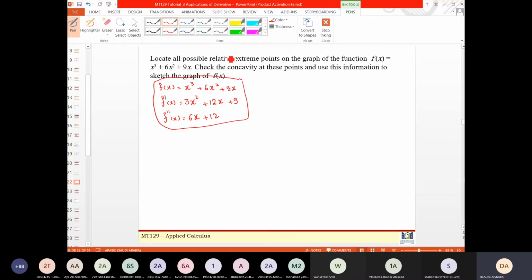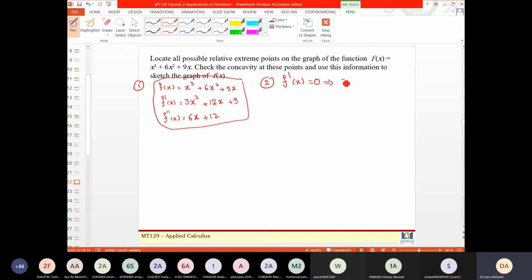A second step: I'm gonna let f dash x equal to 0 so that I get my stationary point, my critical point, my point where the function may be minimum or maximum. Right? We call it a critical point or stationary point. So I'm gonna let f dash x equal to 0.